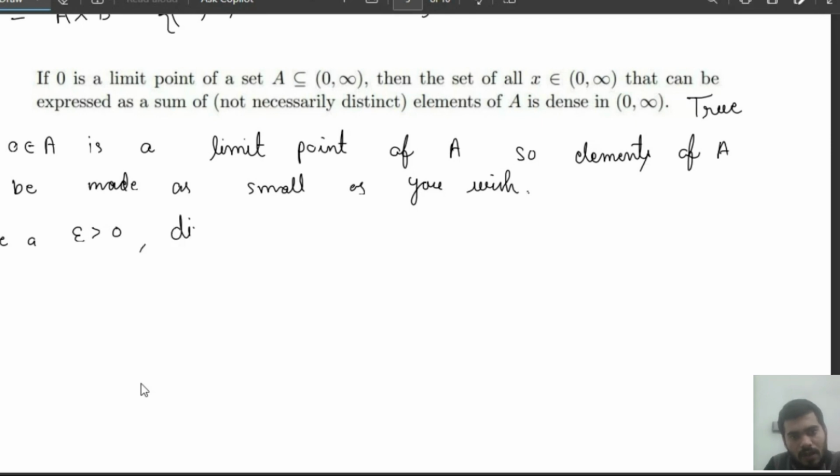What I will do is to prove that a subset of A is dense in 0, 1, and then we can generalize it to 0 to infinity.